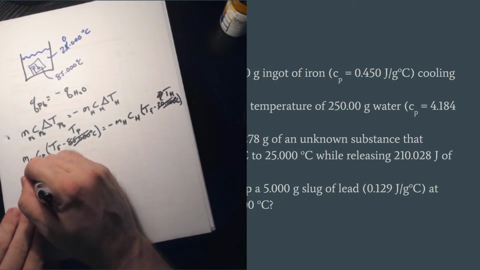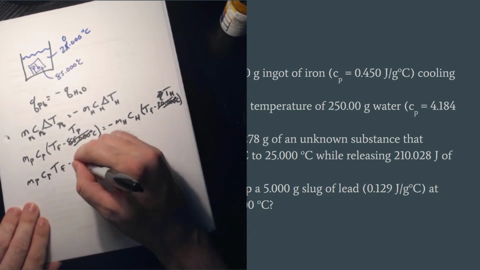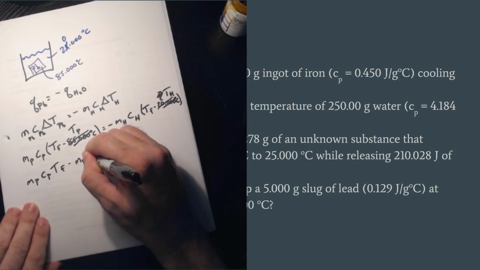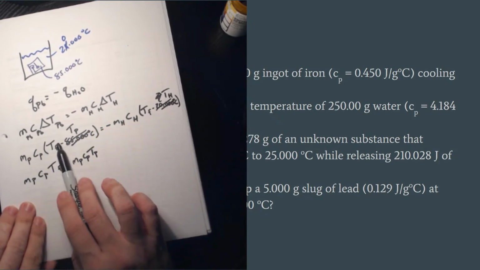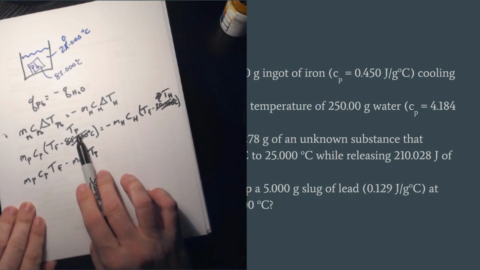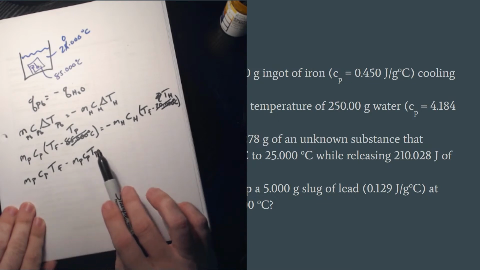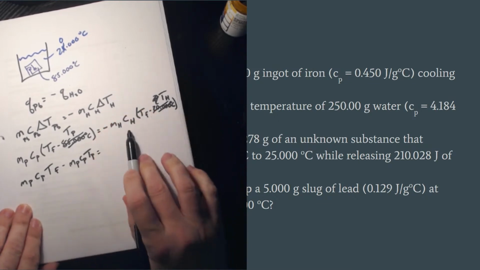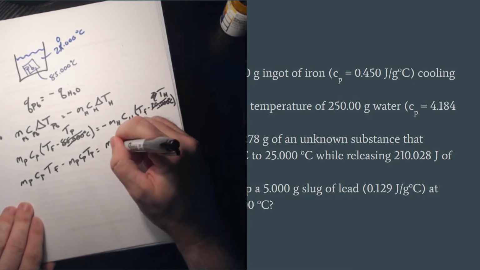So we get, we just multiplied this guy times the final temperature and times the temperature of the lead. So MCTF, MCTP. Then we do the same thing over here. It's going to look slightly different because of this negative sign.